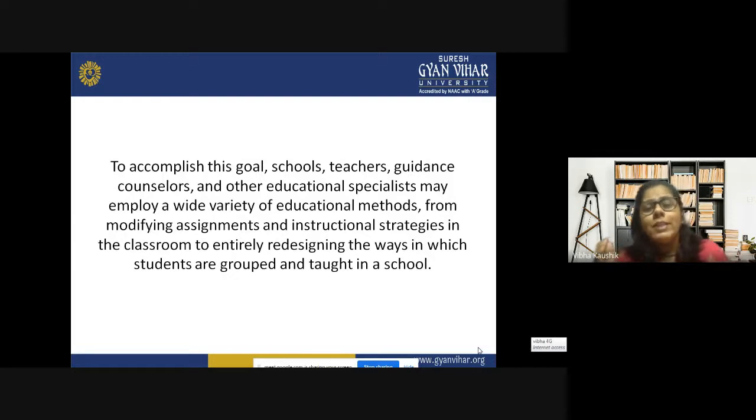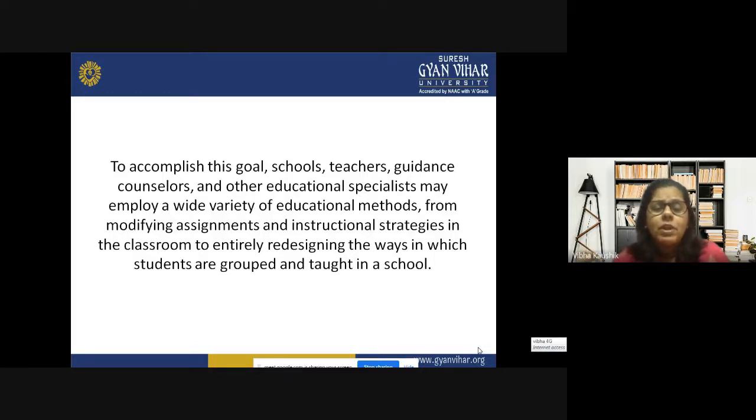All these members are using the student-centered approach in place of the teacher-centered approach, because the student-centered approach helps in achieving the educational objectives and the interests, aspirations, and needs of every learner.